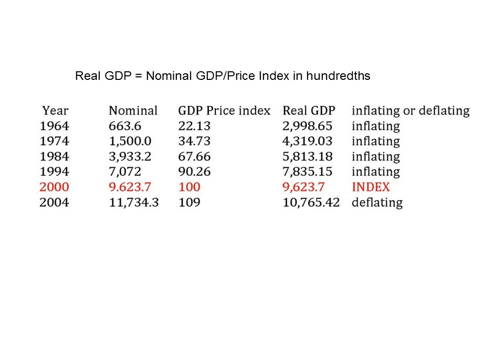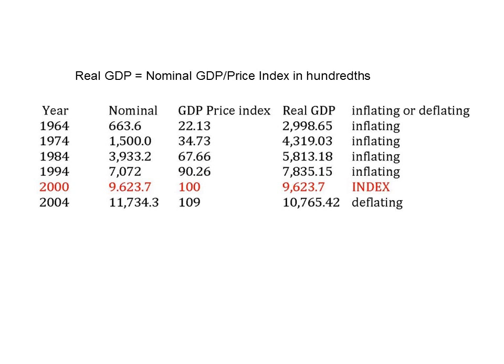So if we look at the numbers, let's go through the math so you understand where we're getting the real GDP calculation. Let's start with 1964. In 1964, nominal GDP, gross domestic product, economic output reported at the prevailing year's prices, was $663.6 billion.